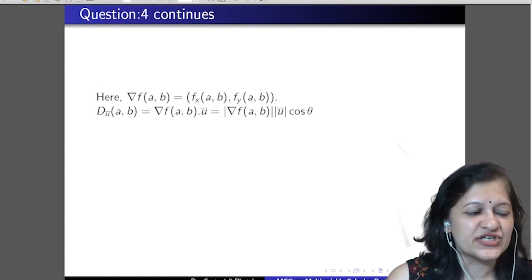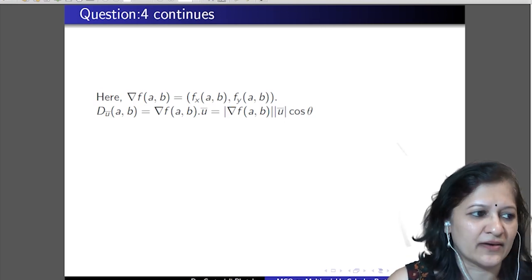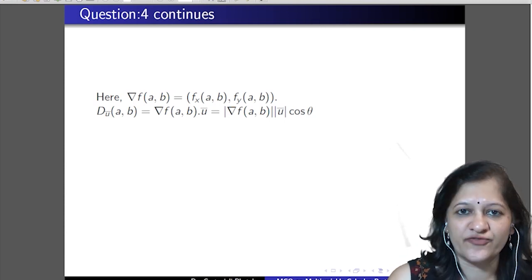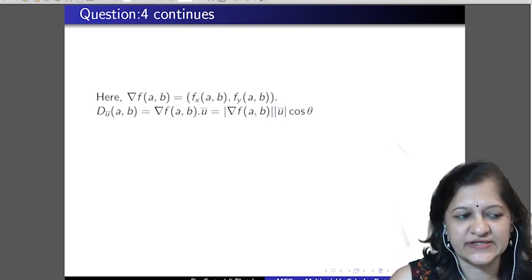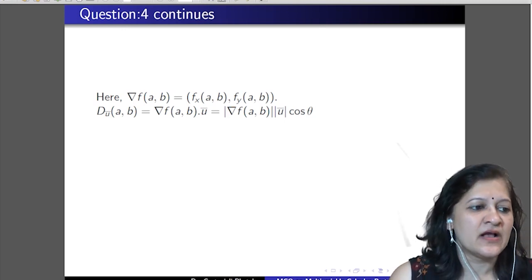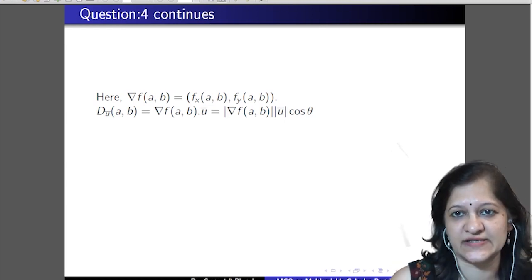Now the directional derivative is a dot product, grad f at (a,b) dot u bar, and we know that the value of the dot product is the magnitude of the two vectors multiplied by cos theta. Now mod u bar is 1 because it is a unit vector, and we know that the value of this dot product is maximum when the value of cos theta is maximum.